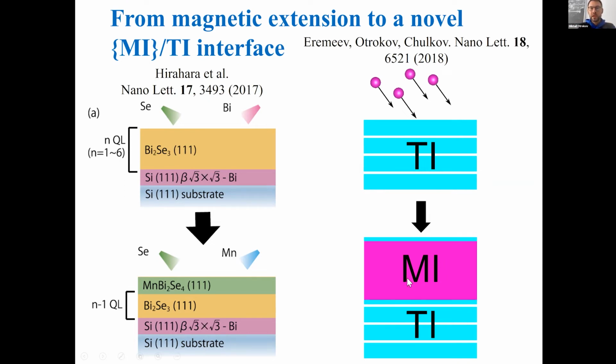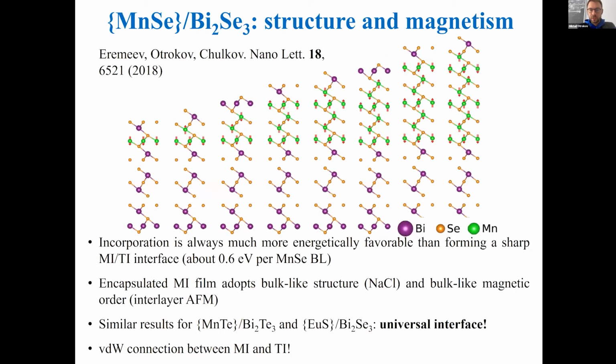Will we end up with a magnetic insulator sandwiched between the remnants of the surface quintuple layer of a TI? As you can imagine, the answer is, of course, yes. And I will try to show you why.